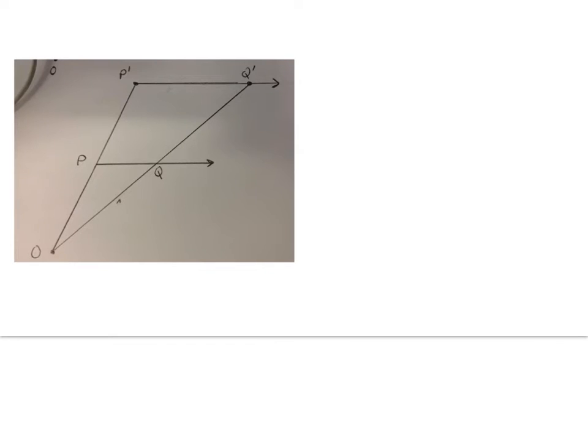All right, so we're still using the same diagram. We know this relationship here. I have OP and OP prime, OQ and OQ prime. We know that from what we see here, OP prime over OP is equal to OQ prime over OQ. And that's going to be equal to our scale factor, right?